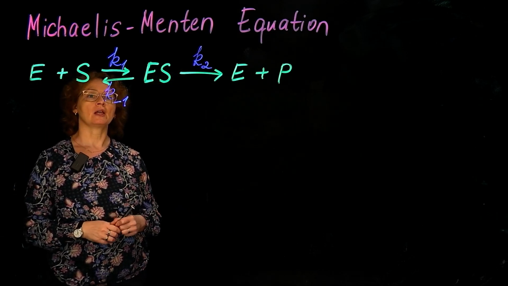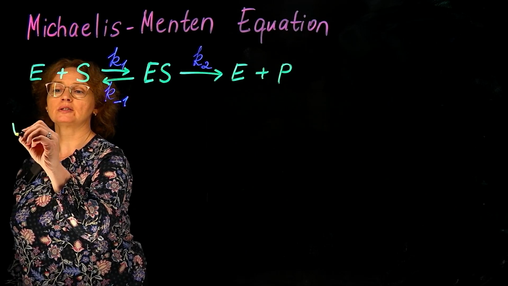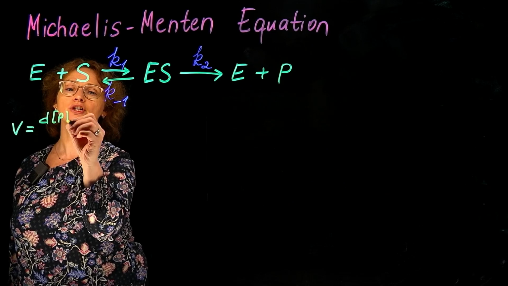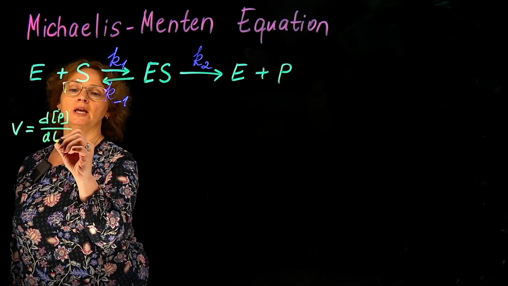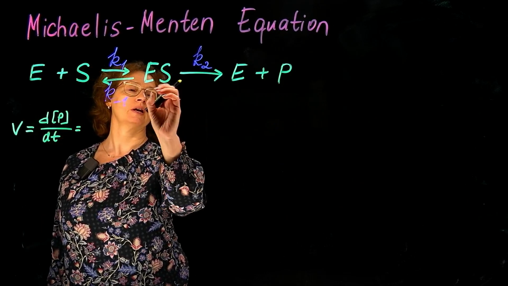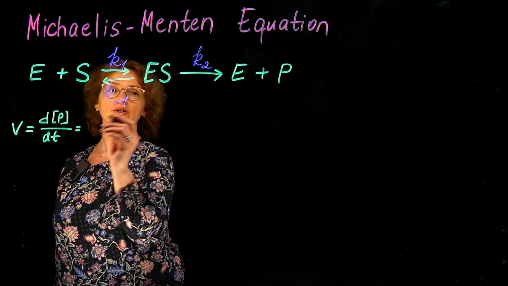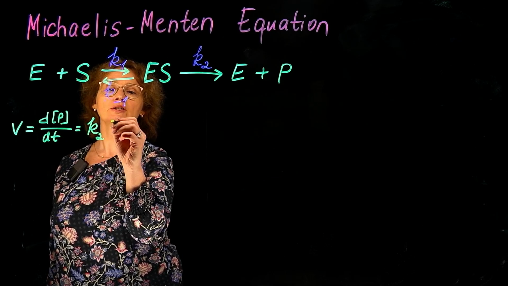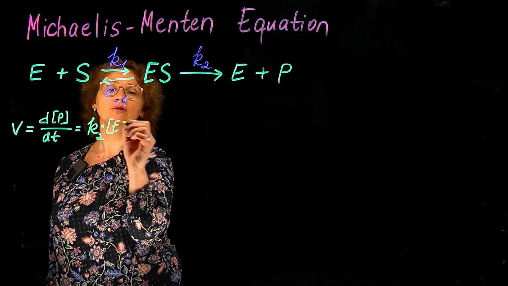Now, the velocity of this process can be described as change in product concentration over time. Because we have this first order reaction, this rate will be proportional to the concentration of the enzyme substrate complex.